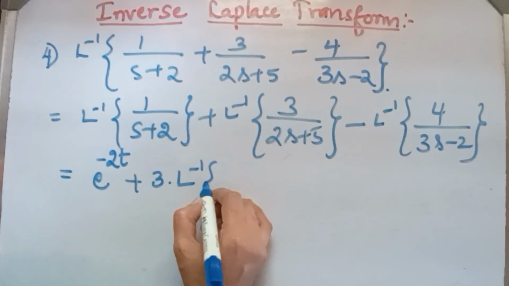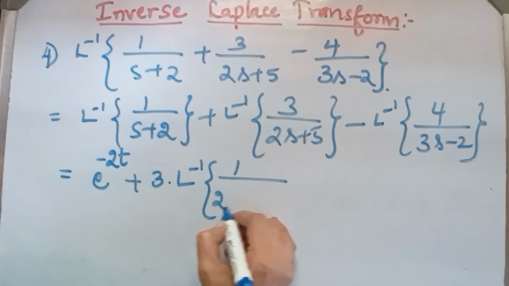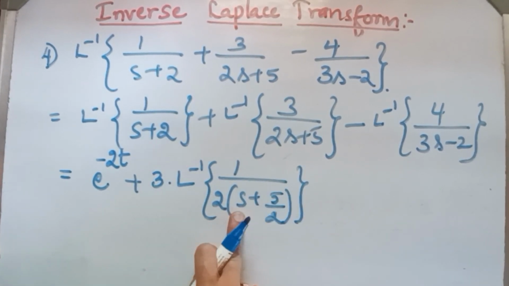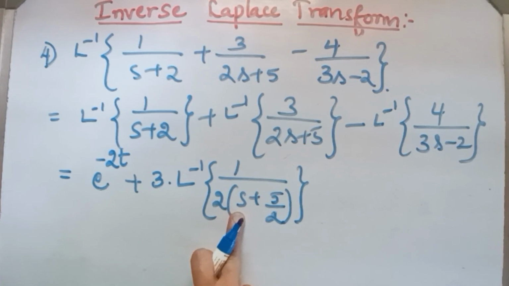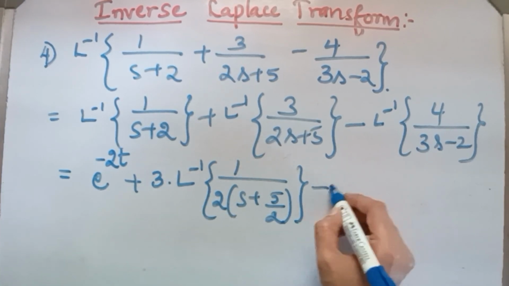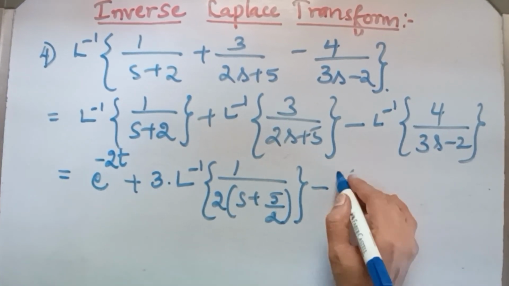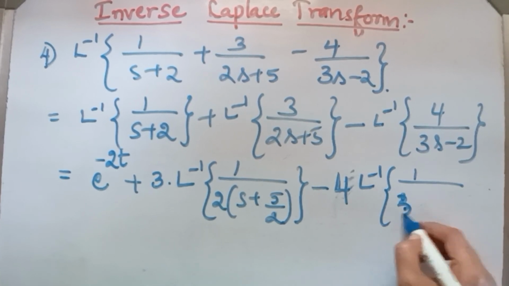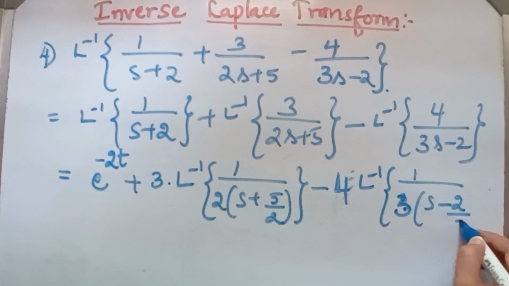This I can simplify as 1 by, take 2 common, s plus 5 by 2. Because we have the formula 1 by s plus a, so the coefficient of s must be 1. So 2 is there here, so take 2 outside. Minus 4 is a constant here, take it outside. Inverse transform of 1 by, 3 common, s minus 2 by 3.